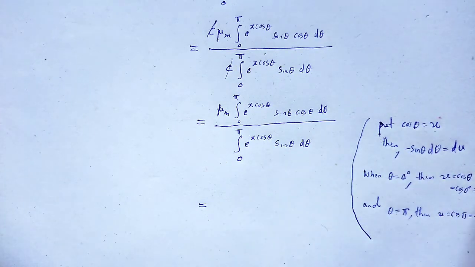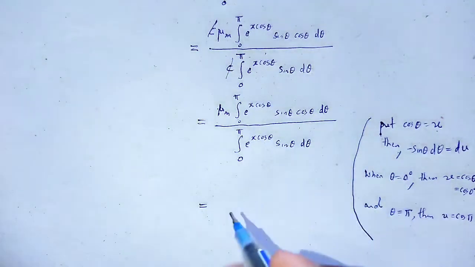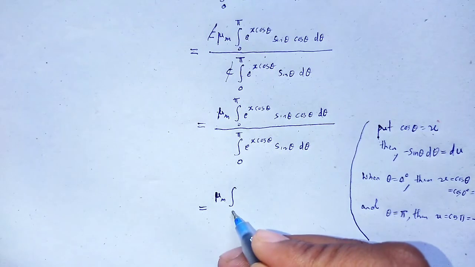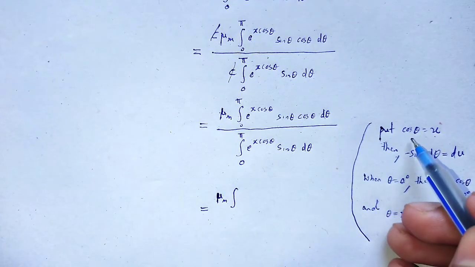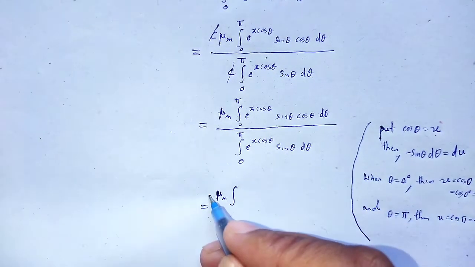Here the limit is 1 to minus 1. As we substitute cos theta as u, minus sin theta d theta gives a negative sign.